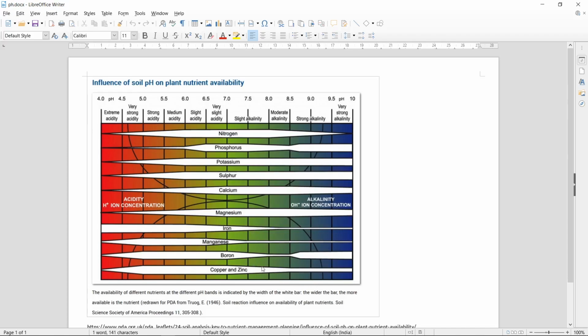So crops which need, say, iron or manganese or zinc, will never grow well in a soil which is very alkaline. They will also not grow well in a soil which is very acidic, but they can grow in slightly acidic soils also.